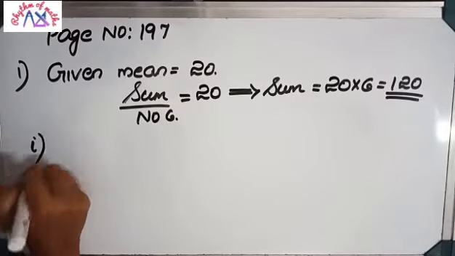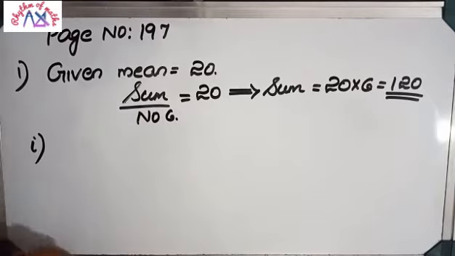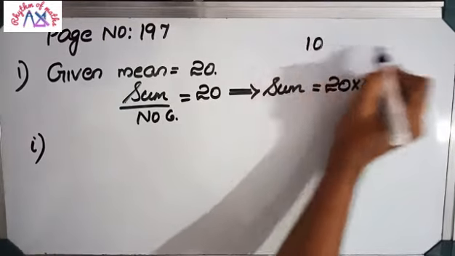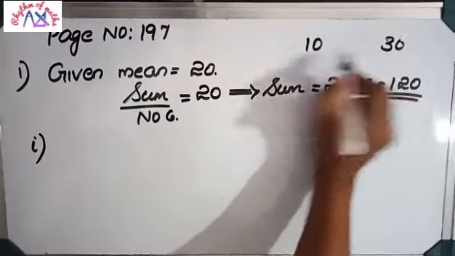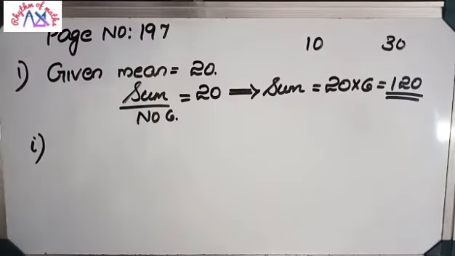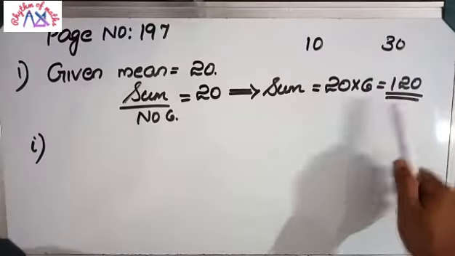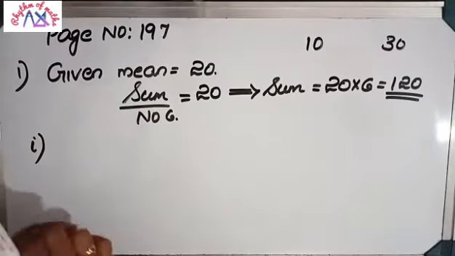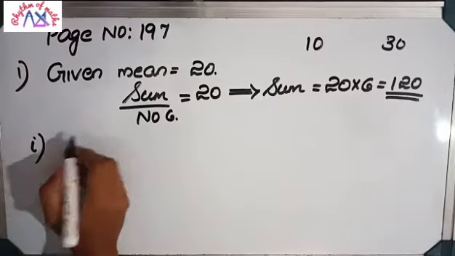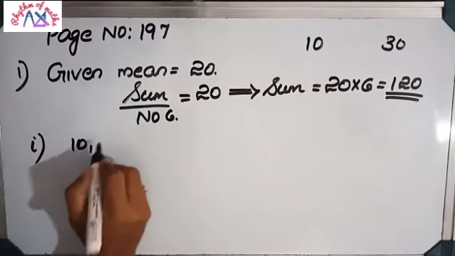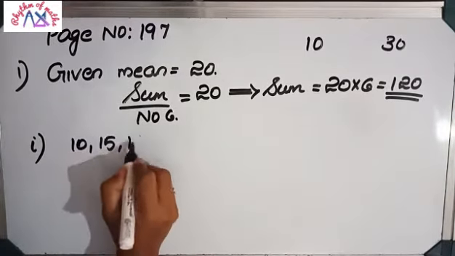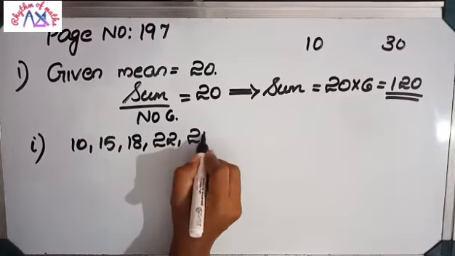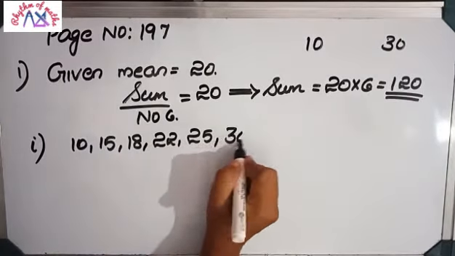So we are going to write the first set of numbers. Numbers must be in between 10 to 30. Any number you can choose, but the sum must be 120. That is the rule. So suppose we are taking 10, 15, 18, 22, 25, 30. I just take these.